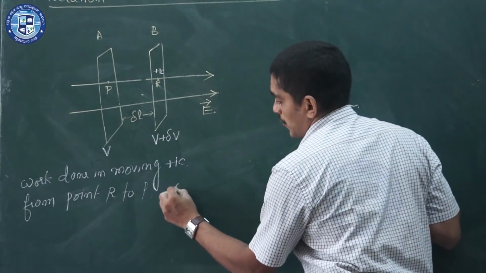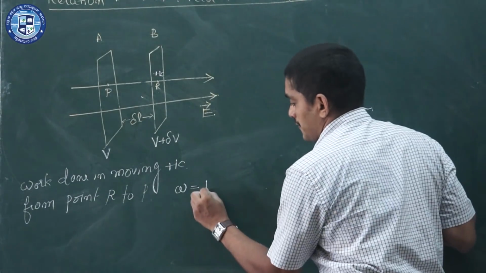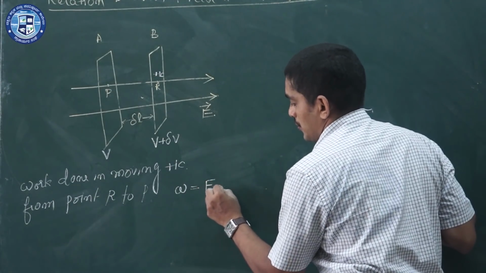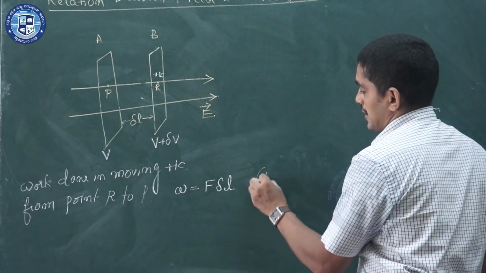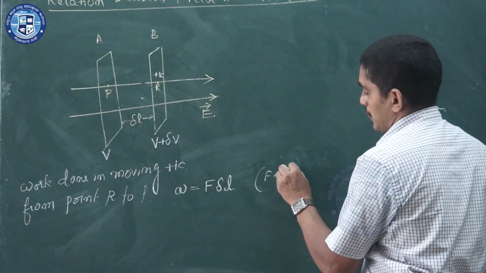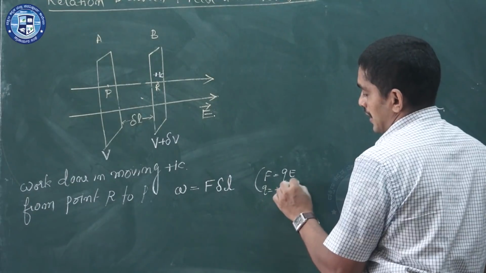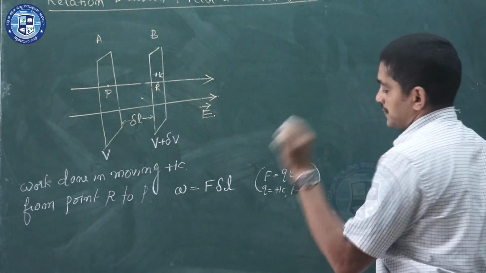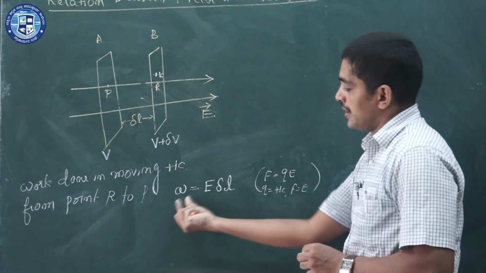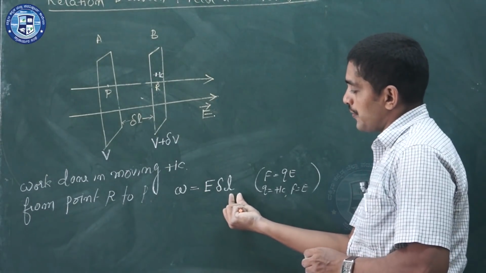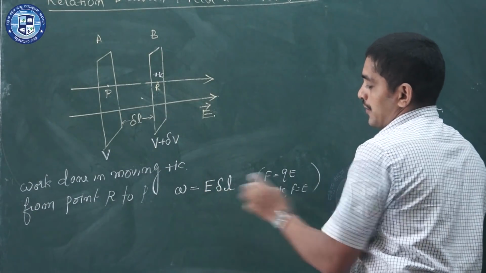Let me take the work done W equal to F into delta L. Why F? Because F is equal to Q into E. When Q is equal to plus 1 coulomb, then F becomes equal to E. So, I can write W is equal to E into delta L.